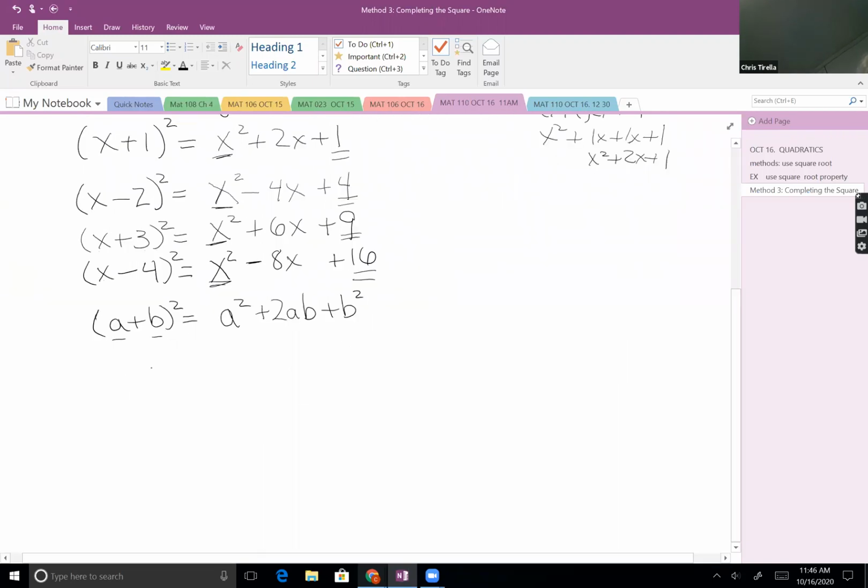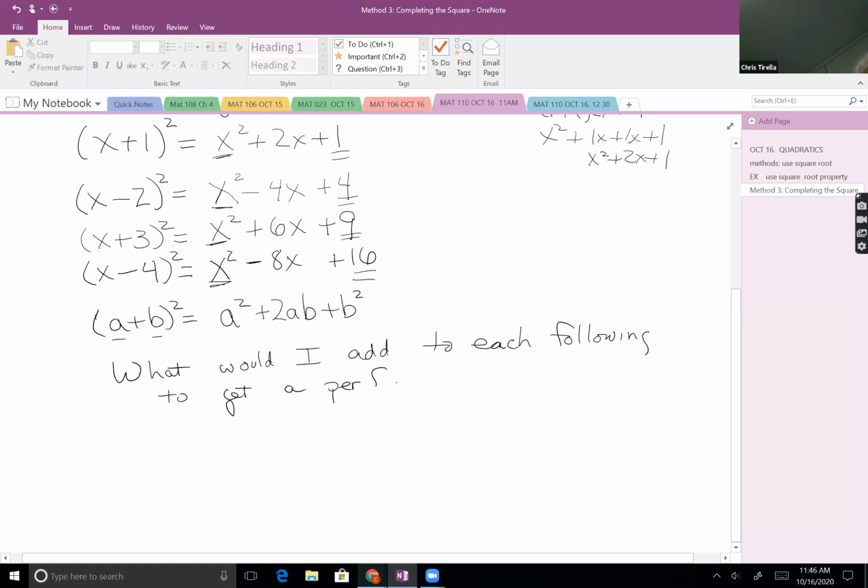So then we have to figure out what would I add to each of the following to get a perfect square trinomial.